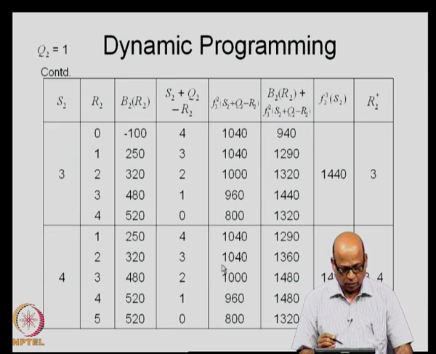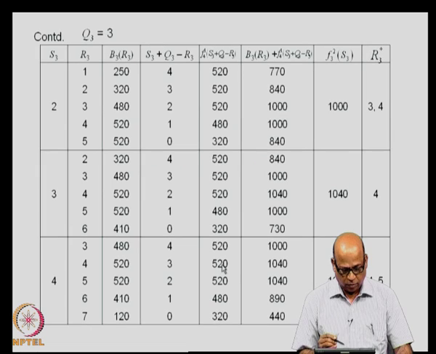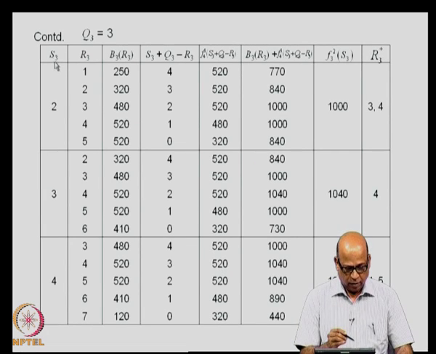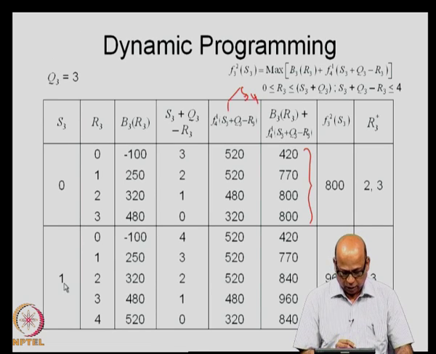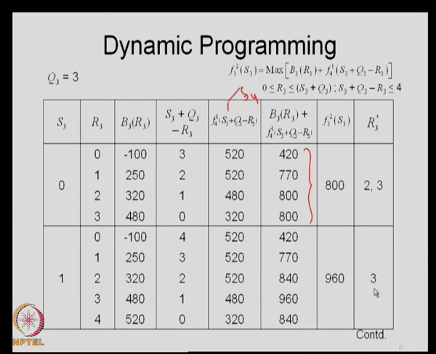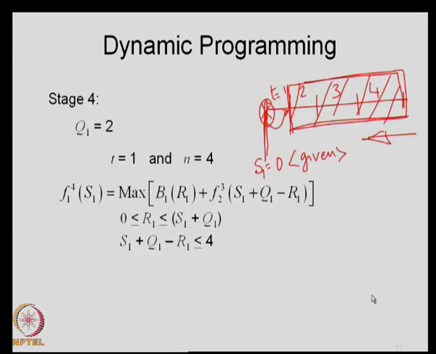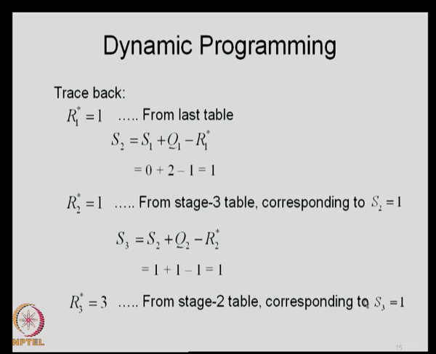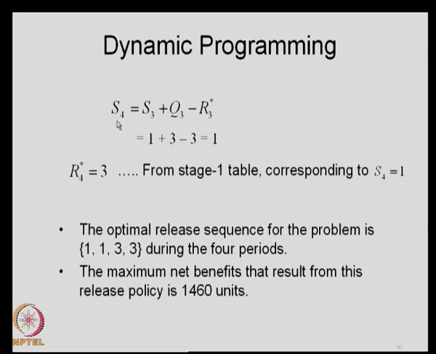Look up the table containing S3 equal to 1. It says my R3 star must be equal to 3. So, simply implement that, R3 star is equal to 3, and say S4 is equal to S3 plus Q3 minus R3 star, 1 plus 3 minus 3, which is equal to 1.